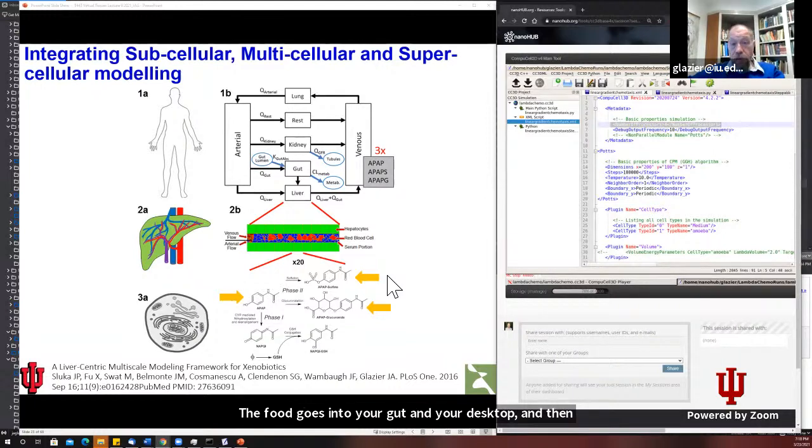And different components of the food are broken down by the acids in your gut and by the bacteria in your gut and absorbed in various places along the intestinal tree. Once the breakdown products are absorbed, they're distributed in the blood to the various organs. They're further modified in the liver. Some of them are broken down and eliminated in the liver. They're also modified and eliminated in the kidney.